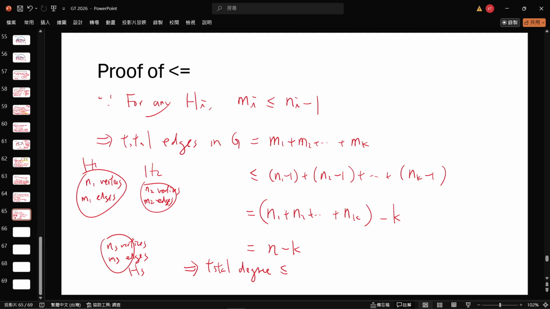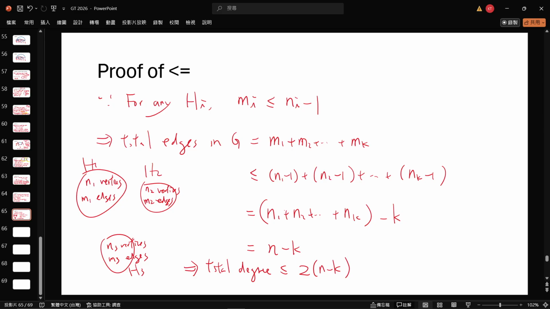Multiply the number of edges by 2, you get the total degree. But we know that k is at least 2 because we have at least 2 components.